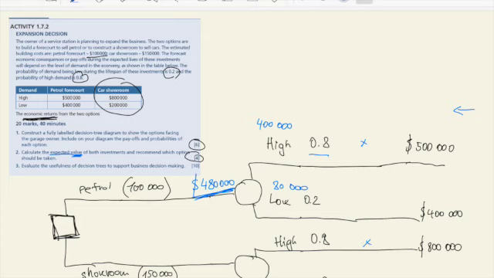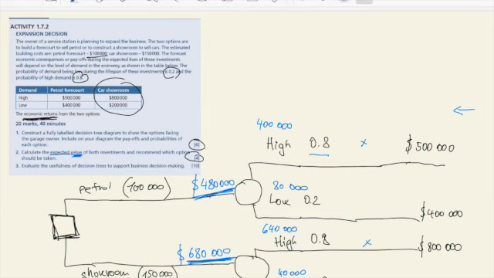So we will have 800,000 times 0.8, which is 640,000, and the bottom one, the result will be $40,000. Now, if we add that together again, that gives us $680,000, and that is the expected value of building the car showroom.